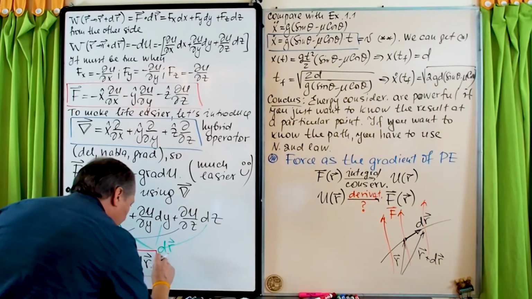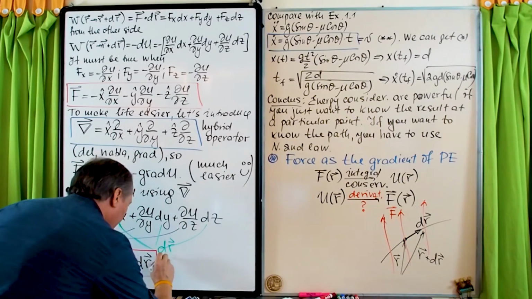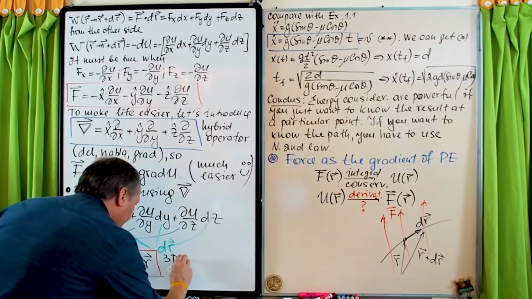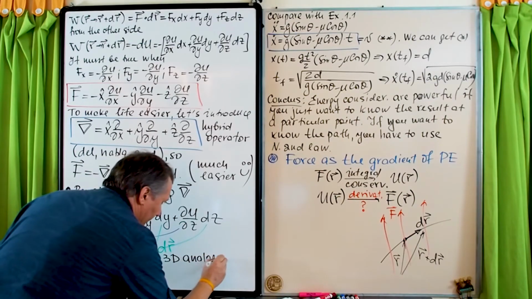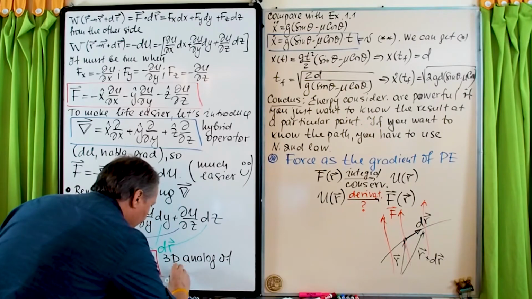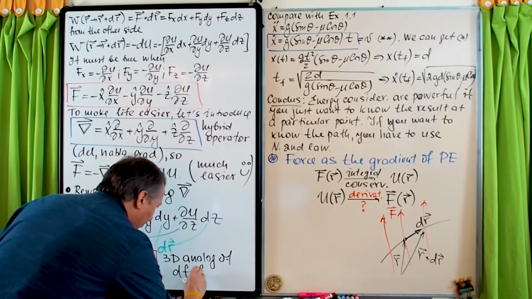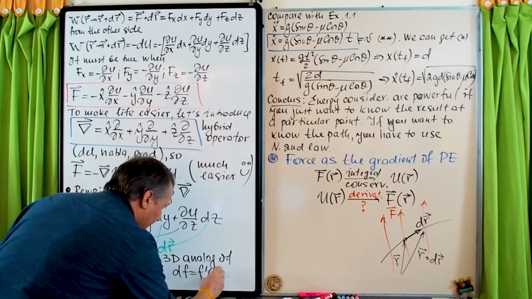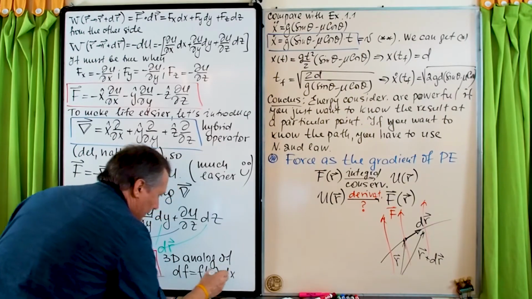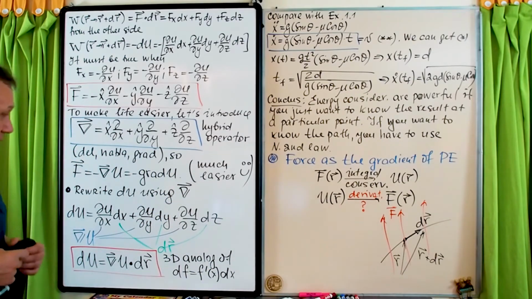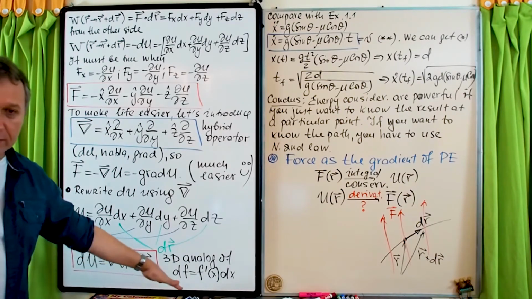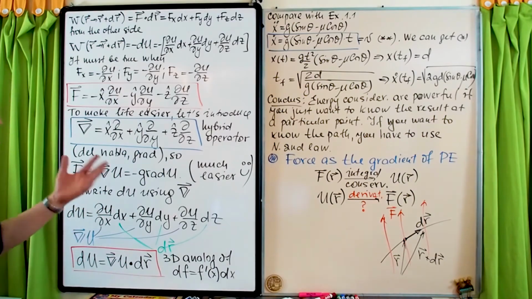So it's a three-dimensional analog of df equals f prime of x dx, which you remember from the beginning of calculus. Of course, this is just the three-dimensional case of that situation.